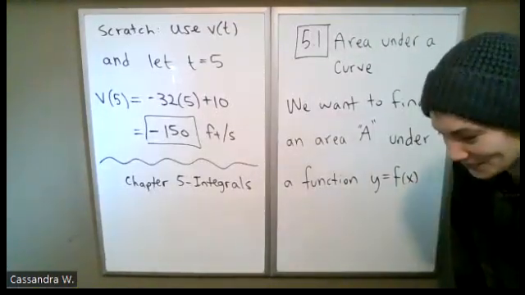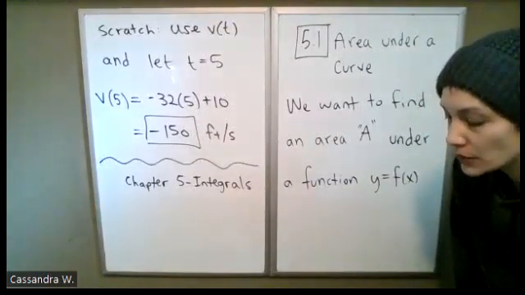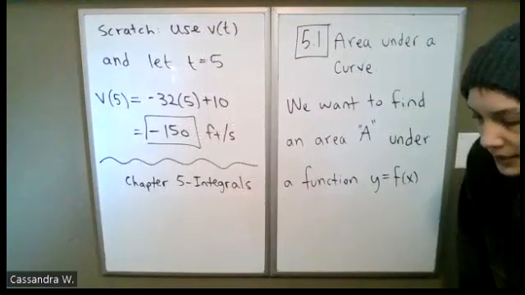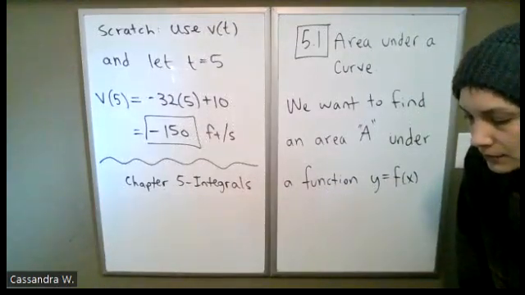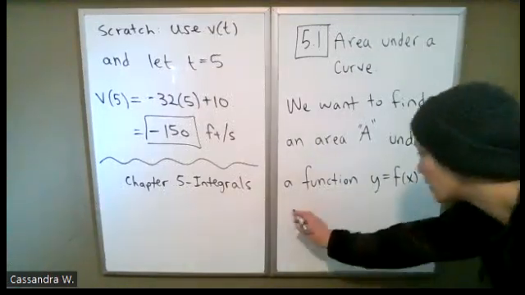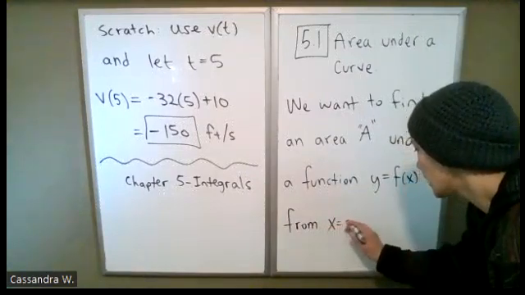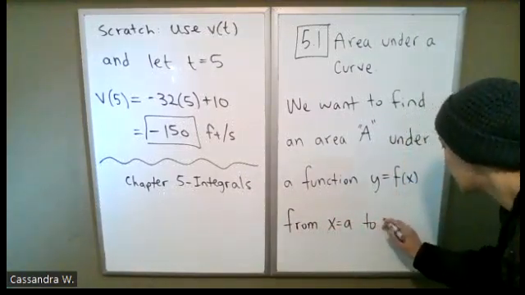And you want to go from x equals a over to x equals b, because you'll be on an interval from a to b, from x equals a over to b.